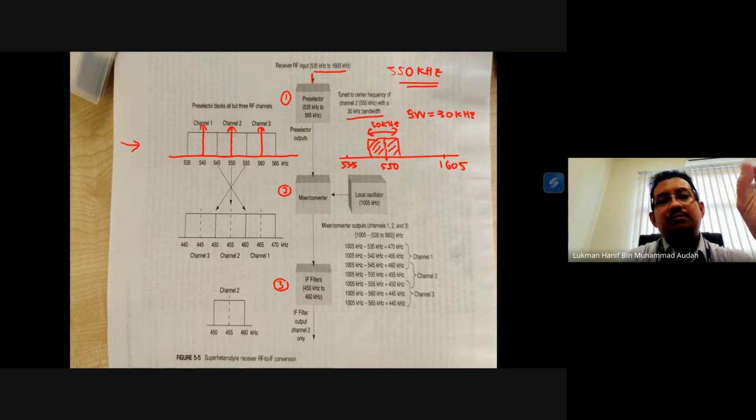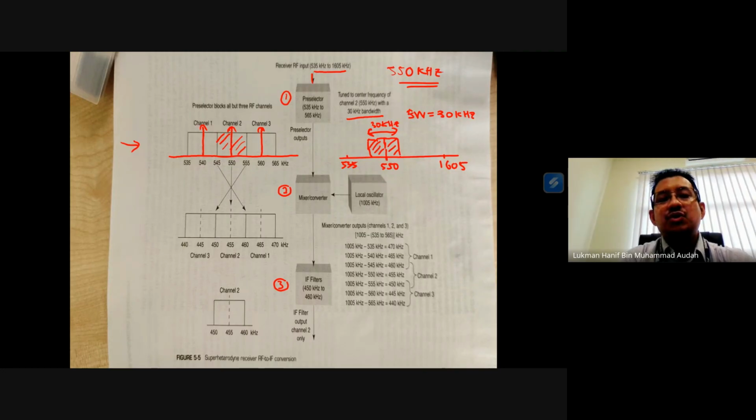So with the bandwidth of 30 kilohertz, the preselector in this example allows 3 radio channels to pass through it. Remember, I only want to listen to this radio, I don't want to listen to the others.